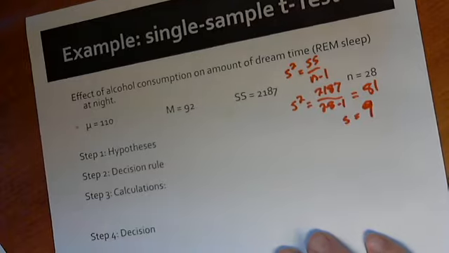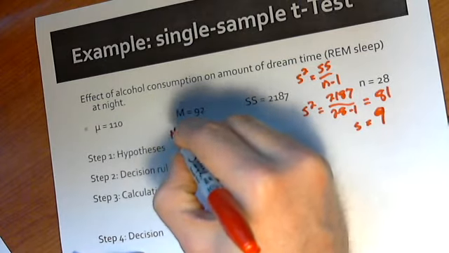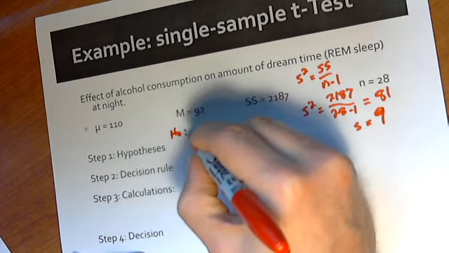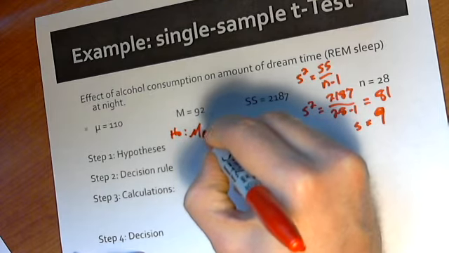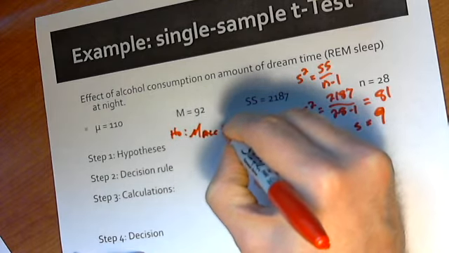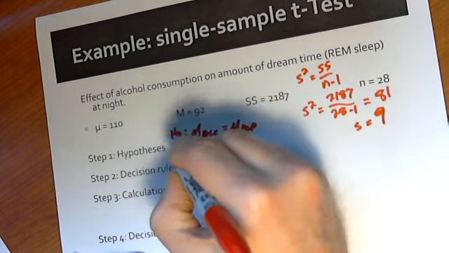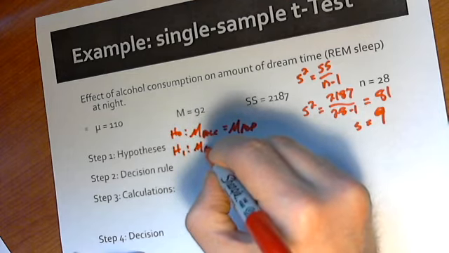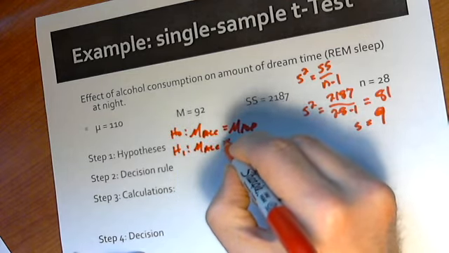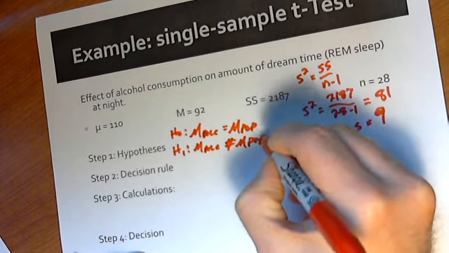So as we walk through this, let's set up our hypotheses. We'd have our null hypothesis that the mean for the REM, for the alcohol group, equals the population mean, and the alternative hypothesis then that the mean for the alcohol group does not equal the mean for the population.